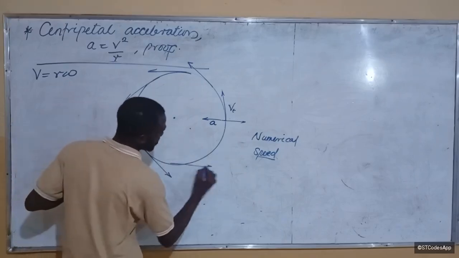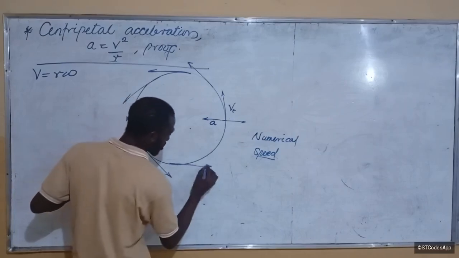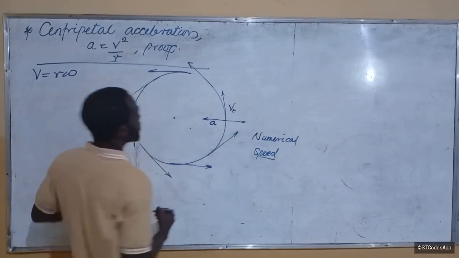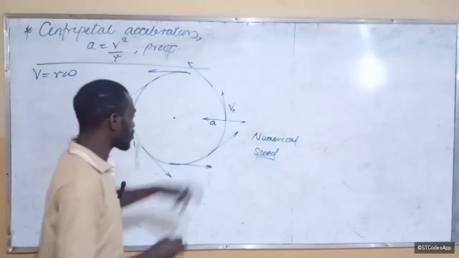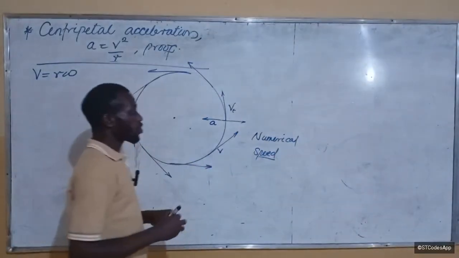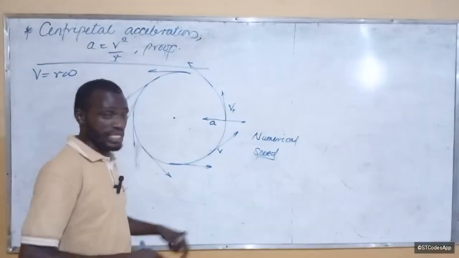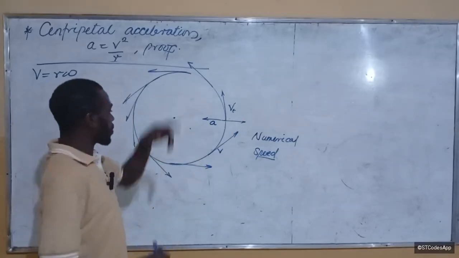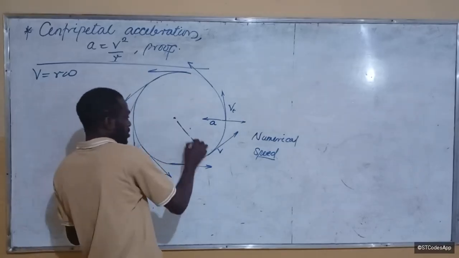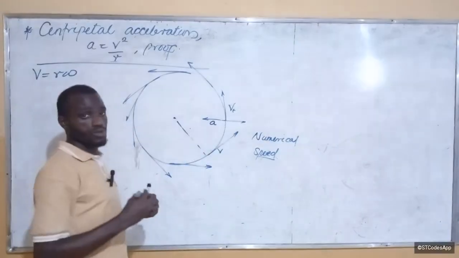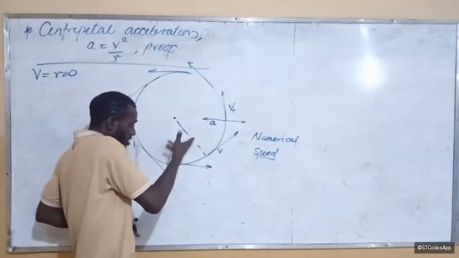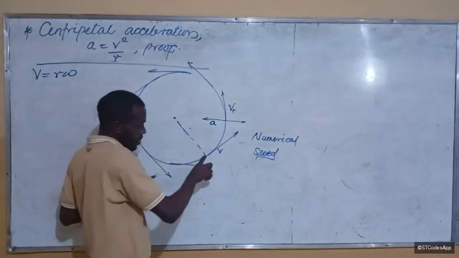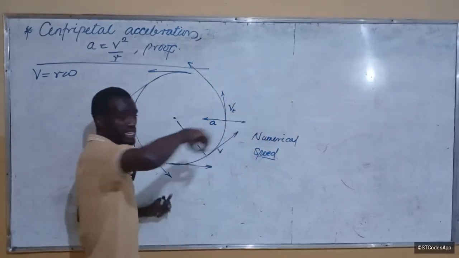So because the direction of velocity is always changing, that is why we call it what? Velocity. The direction of velocity is always tangential to a particular point, so it is changing at every point. If I snap cut the rope that maybe we are using to swirl that thing around, what will happen is that this body will move in a direction that is tangential, right?